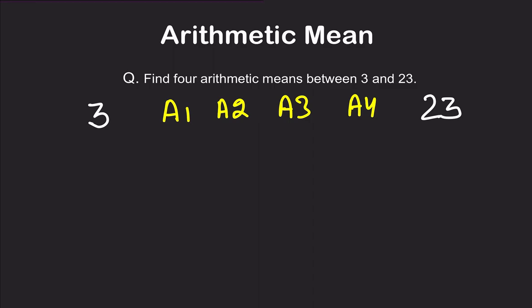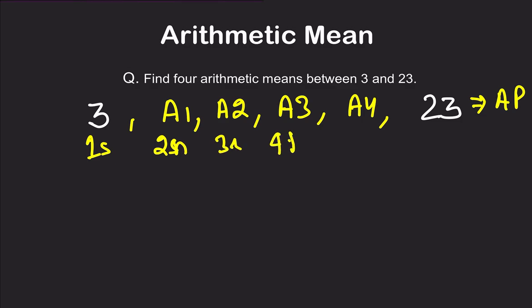These numbers are such that this complete series 3, A1, A2, A3, A4 and 23 is an arithmetic progression series where the first term is 3, the second term is A1, the third term is A2, the fourth term is A3, the fifth term is A4 and the sixth term is 23, right?